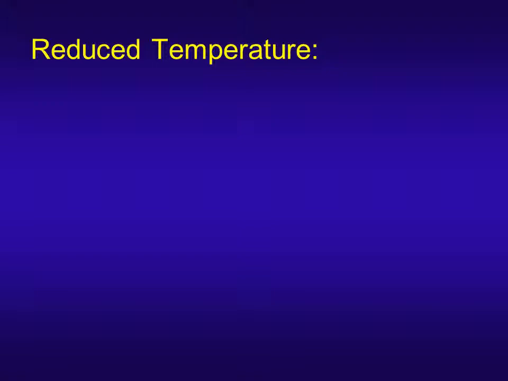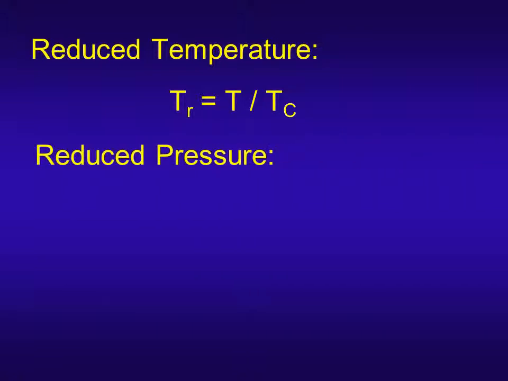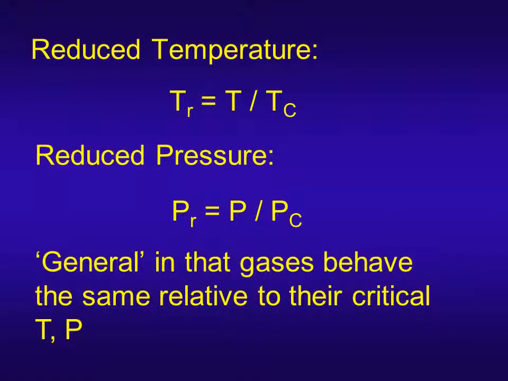Okay, we do this by defining a reduced temperature, which is T divided by the critical temperature, and a reduced pressure, which is P divided by the critical pressure. This is general in that gases behave the same relative to their critical temperature and pressure.